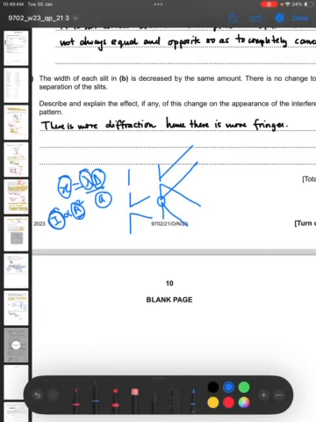Now there's another answer also. Of course, the fringes may be less bright, but remember that the fringes are formed when there's interference between the diffracted waves. Now imagine if the diffracted waves were covering a region of, let's say, 1 meter. Our fringes will all be in that 1 meter. The destructive and constructive interference will be in that 1 meter.